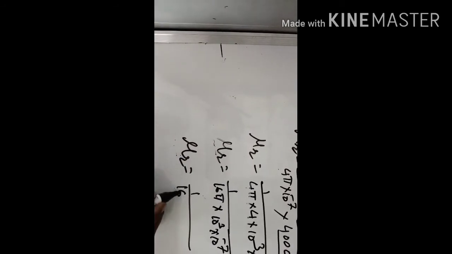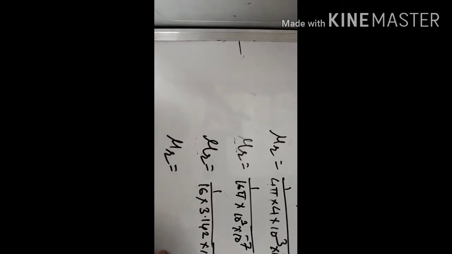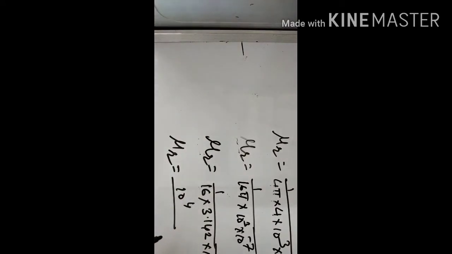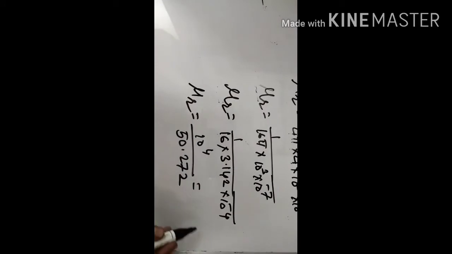So mu r is equal to 1 upon 16 into pi, which is 3.142, into 10 to the power minus 4, that is 10 to the power 4 in the numerator. The multiplication gives 50.272. So this is nothing but 10 to the power 4, meaning 10,000, divided by 50.272.